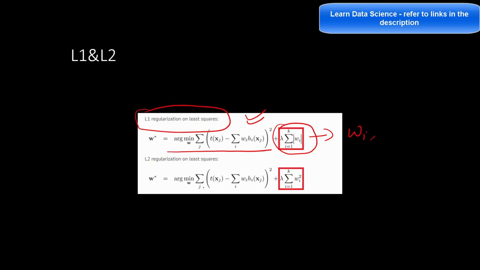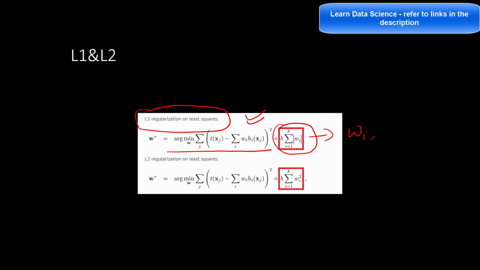On the other hand, if we take the sum of the squares of the beta parameters, then we call that L2 regularization. It's similar to what we have seen for the L1 and L2 loss functions. If you're taking the modulus, it is L1.